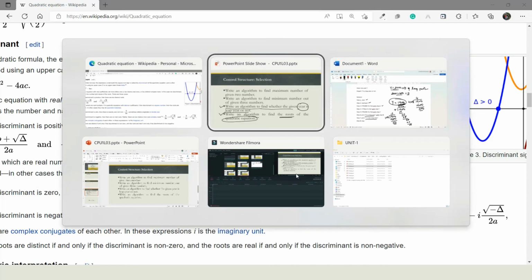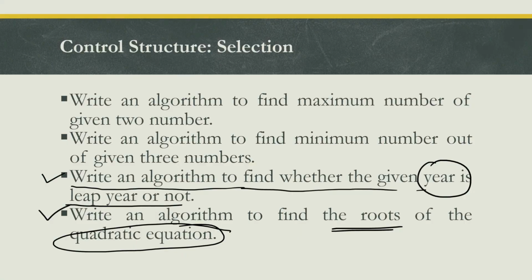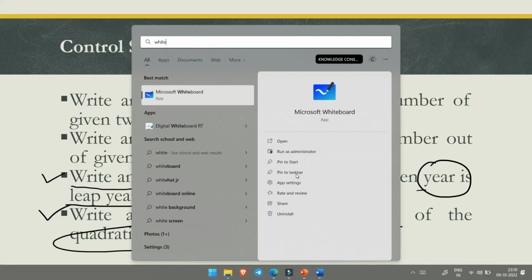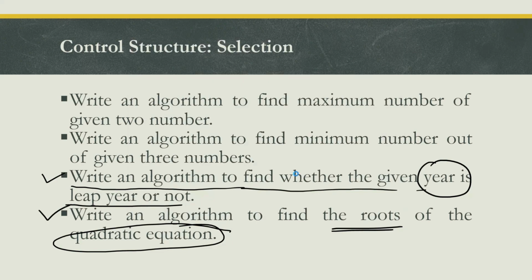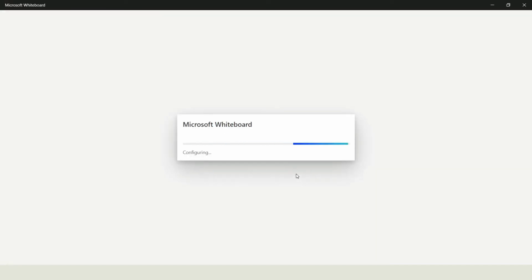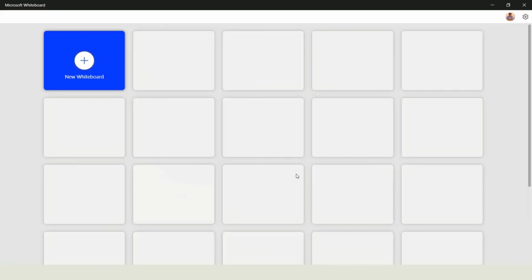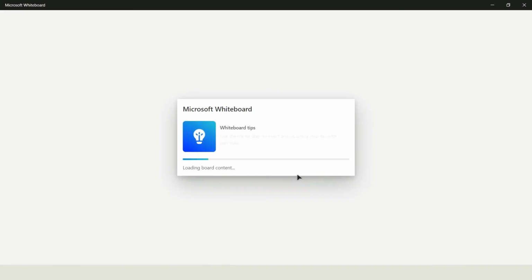Okay, let's start writing an algorithm. For this algorithm I will use Microsoft Whiteboard, because this algorithm has some difficult mathematical notation, which requires special symbols in Word, and it would be very time consuming for writing an algorithm.